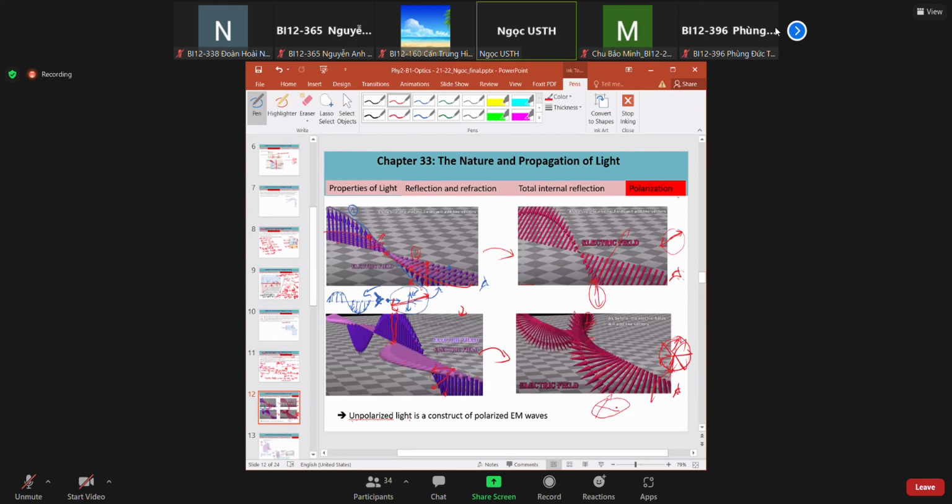Okay, we have it when the waves here are not the same magnitude. So when we come to the combined wave here, the magnitudes are not the same.